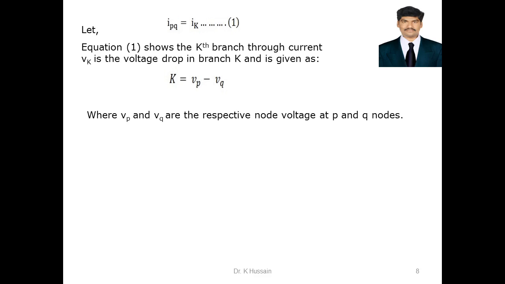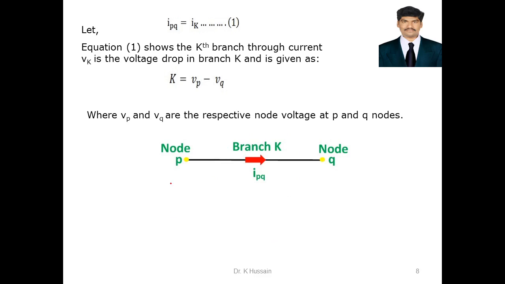Now if you observe this figure, this is one node, the P node, and this is the Q node. At this node the voltage is Vp, and at this node it is Vq. So how much current is there here?